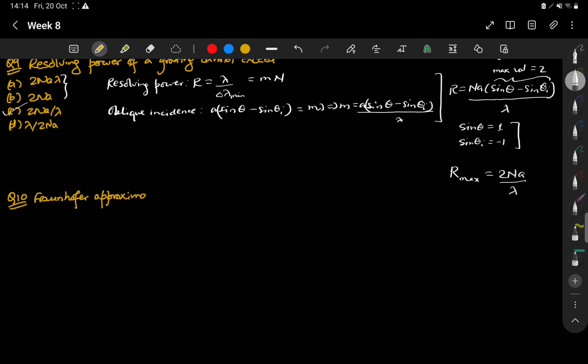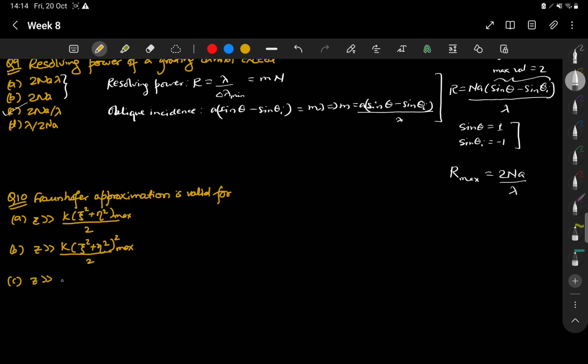Fraunhofer approximation is valid for the following options. Okay, so I will relaunch the poll one last time.